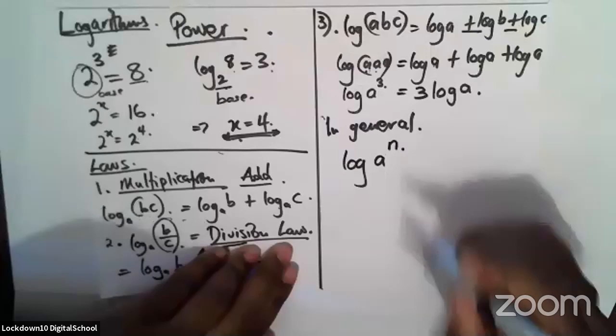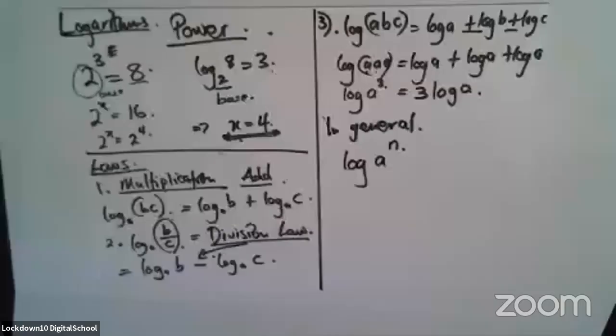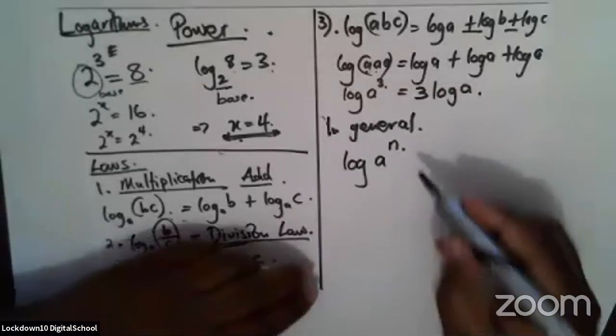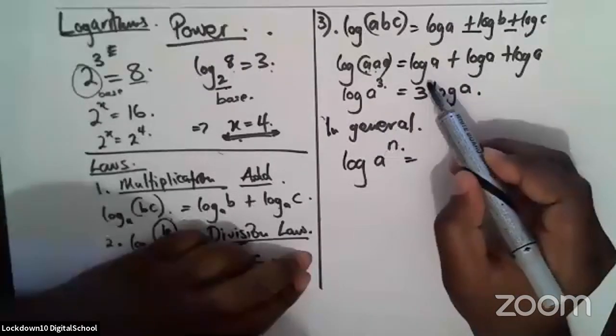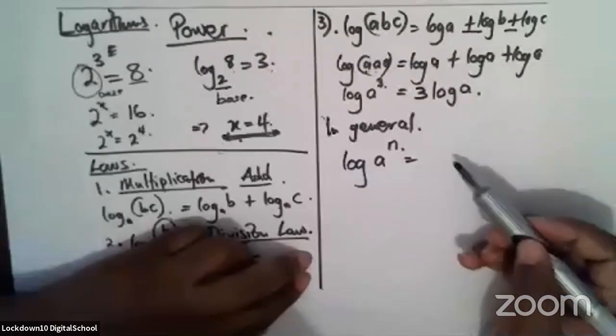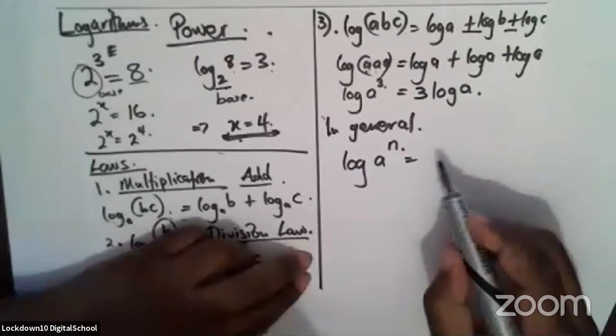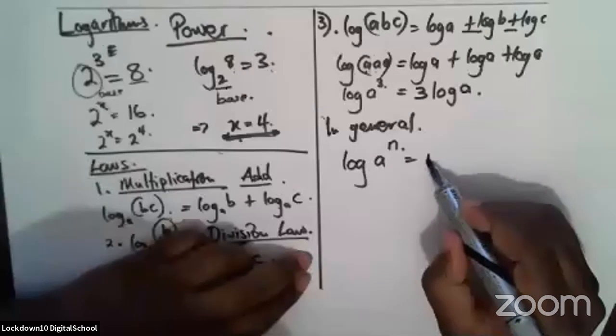Here I'm just putting in an arbitrary number, which can be any number. It is equal to, I can see that this 3 comes down, as we say in science language. So this becomes n log A. This is my third law.